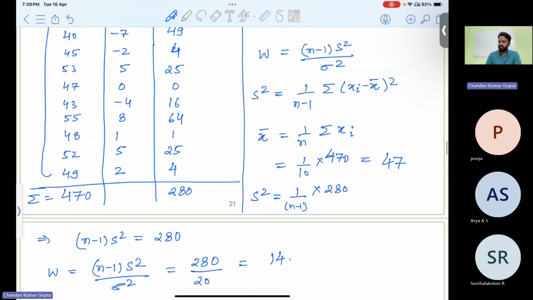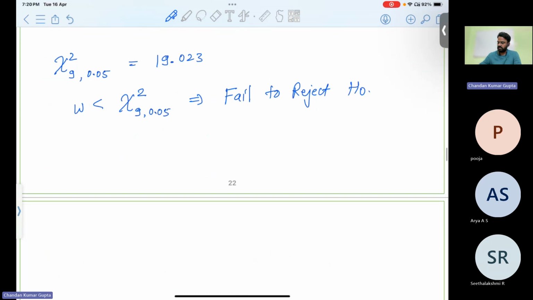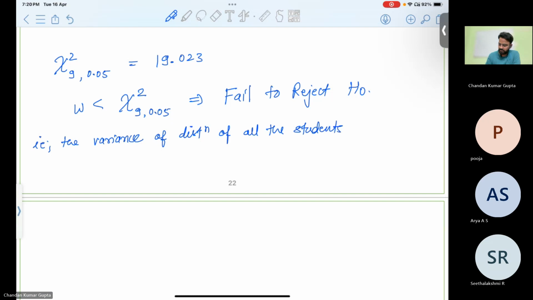So we may conclude that the variance of the distribution of all the students in the population is 20.